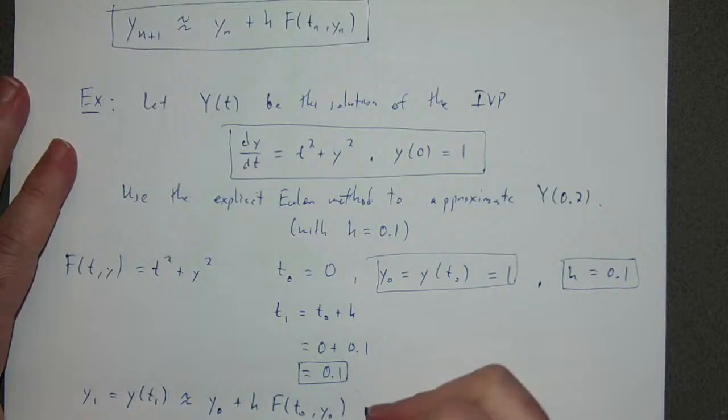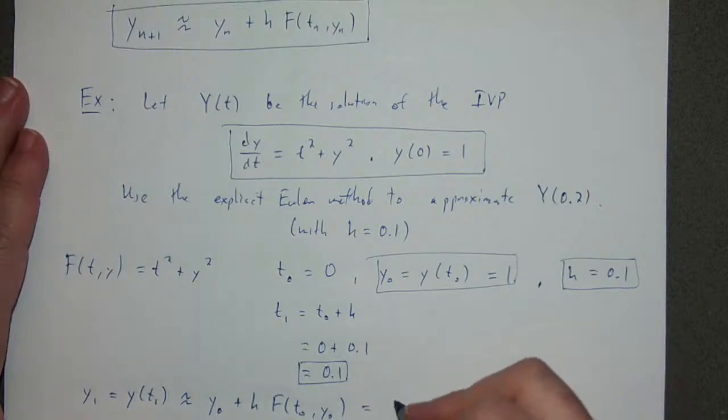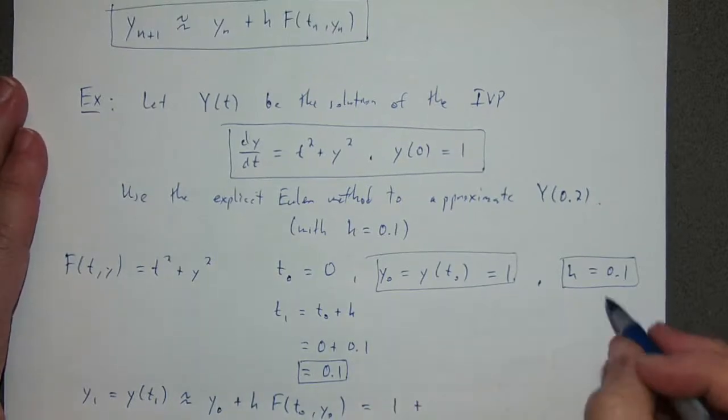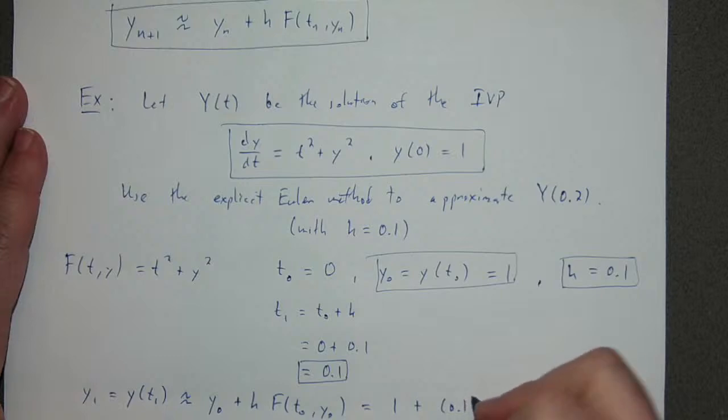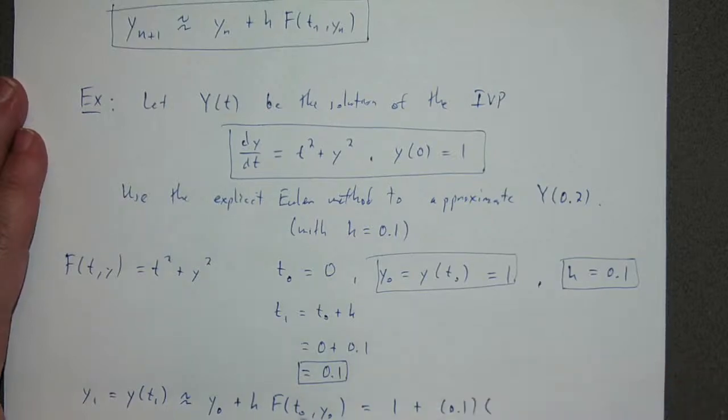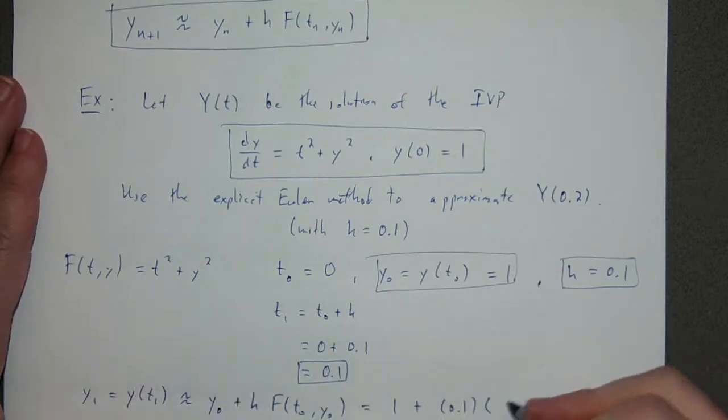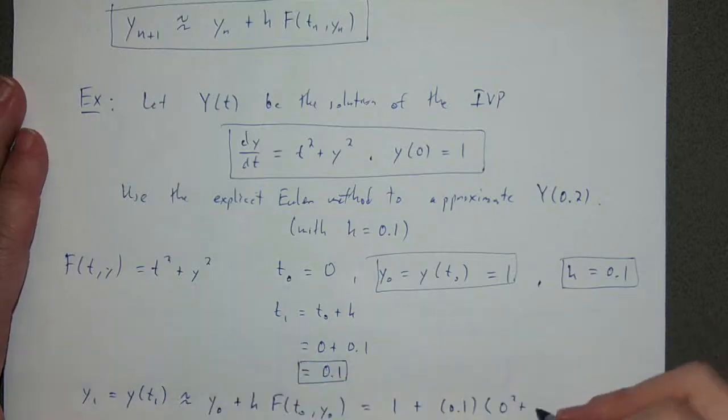So this is y naught, which is 1, plus h, which is 0.1, times F of t naught, y naught. So this is t naught squared, that's 0 squared, plus y naught squared, which is 1 squared.